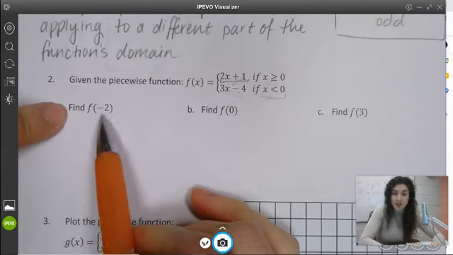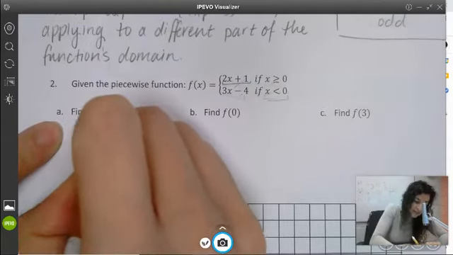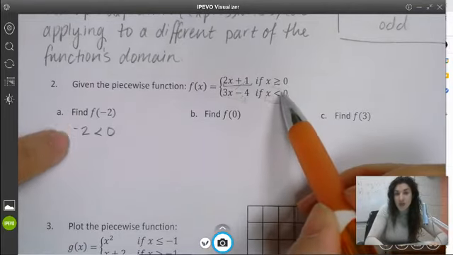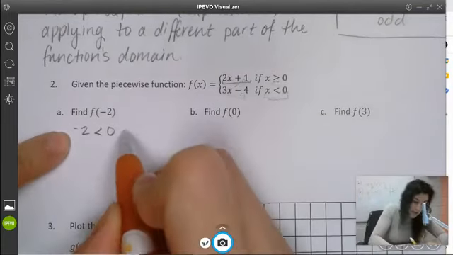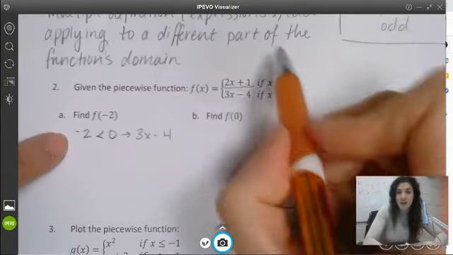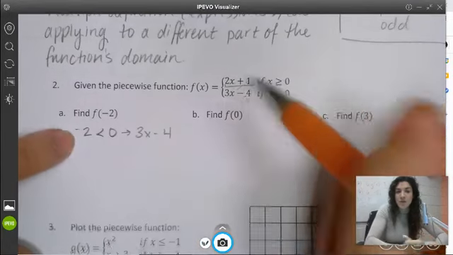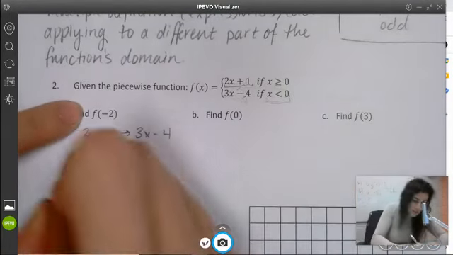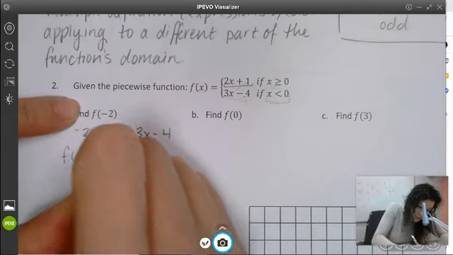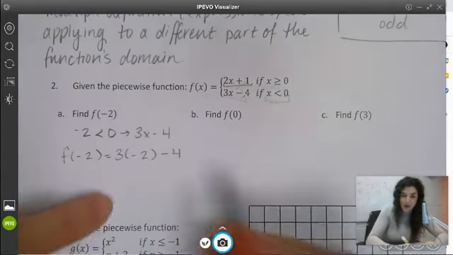For instance, finding f of negative 2, your first thought is, oh, negative 2 is less than 0. And since that number is less than 0, we have to use 3x minus 4. So we have to use this expression to solve for f of negative 2. So f of negative 2 would be 3 times negative 2 minus 4.